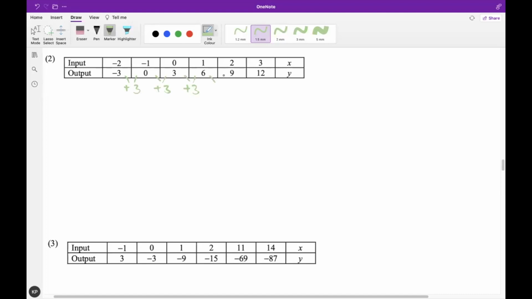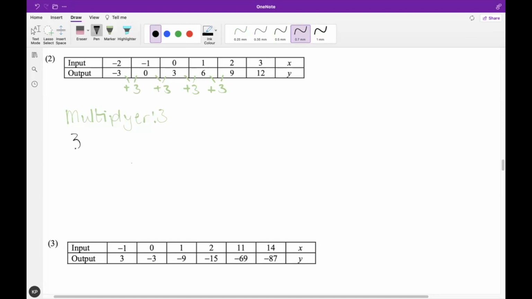So then 3 becomes my what? 3 is my multiplier. Okay. Let me disable this so that we don't all scribble on the screen. Now, let's check it with the first one.